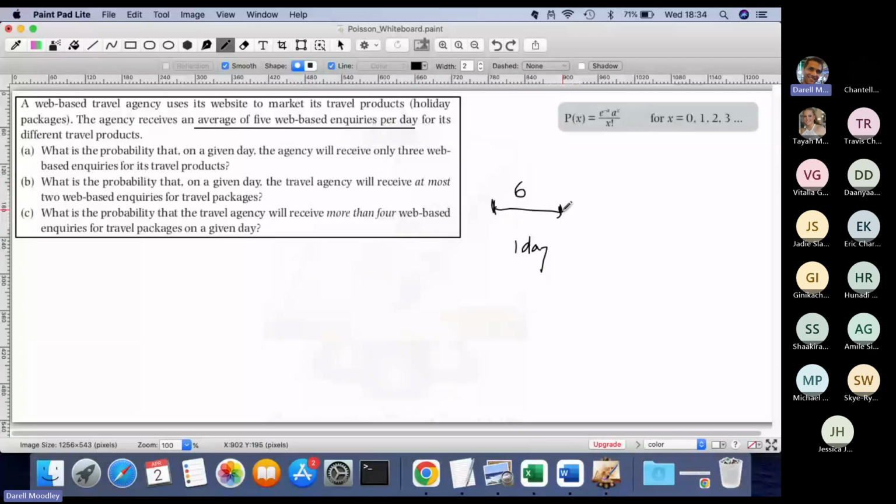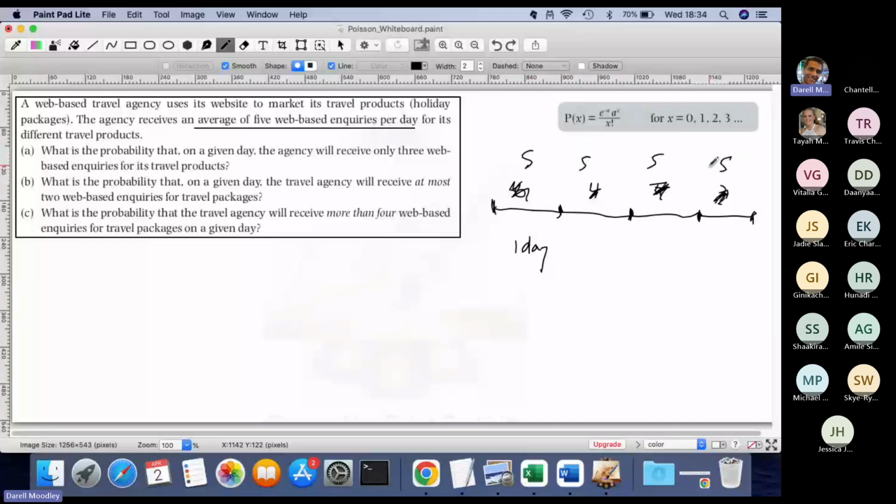The next day, day 2, they got about 4. The next day, they got about 7. The next day it's 3. It changes a bit, but roughly, if you did this for the entire month and worked out the average per day, it's about 5.